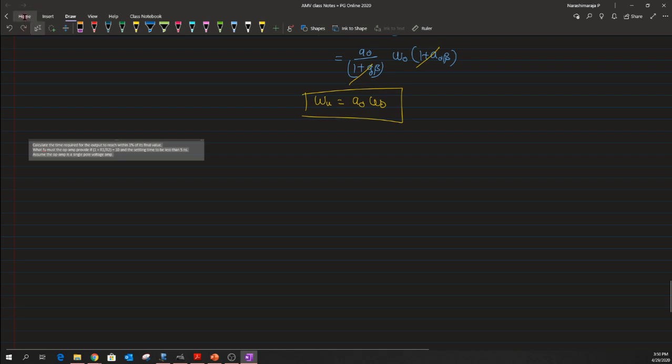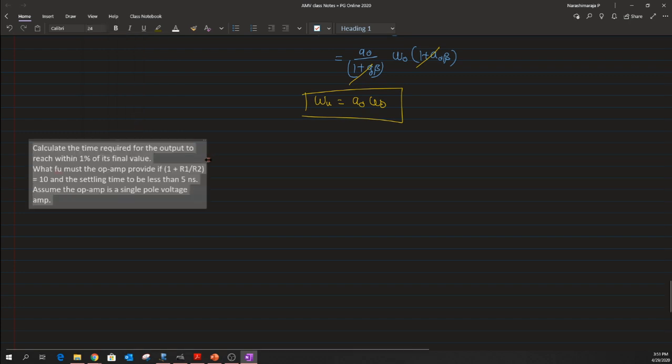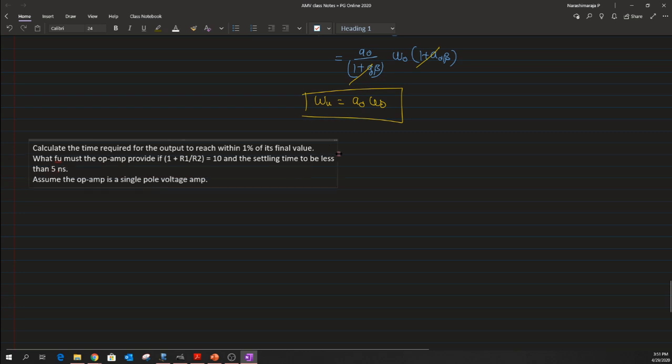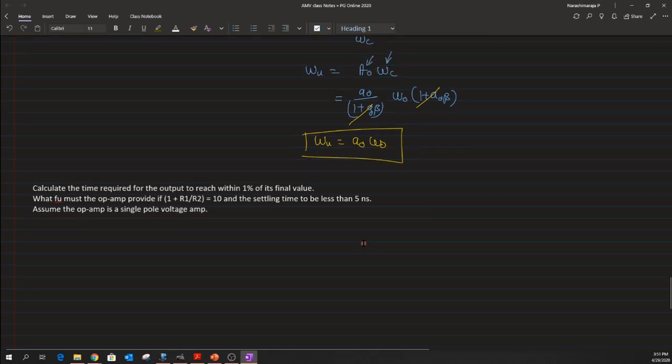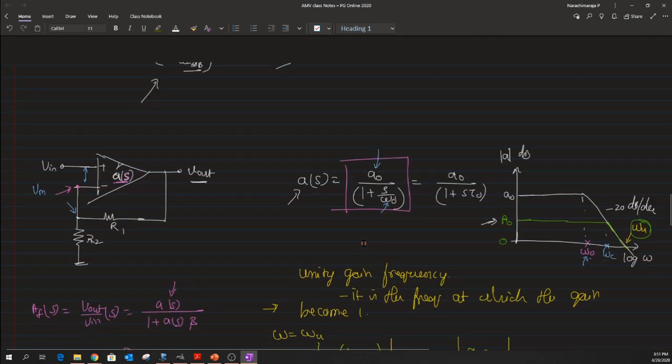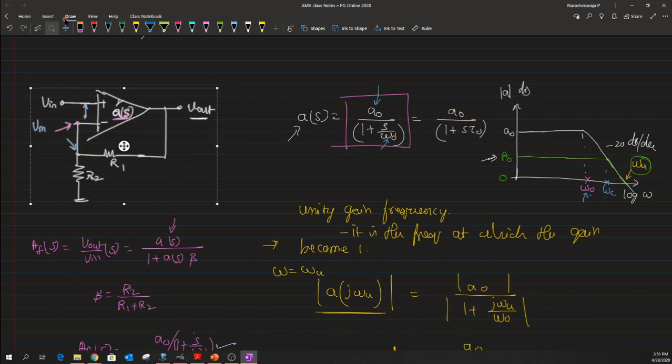Let me increase the font size and also copy our op amp that has been drawn.